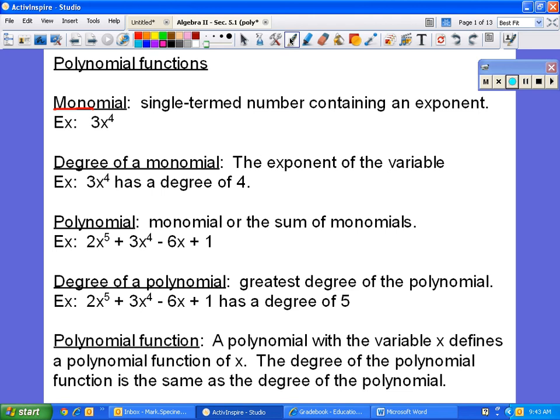Basically, this is a polynomial. If I said f of x equals this, it would be a polynomial function. That's the difference. So a polynomial is just the expression. A polynomial function is going to equal f of x or p of x or q of x or whatever. Okay, is everybody not done copying?